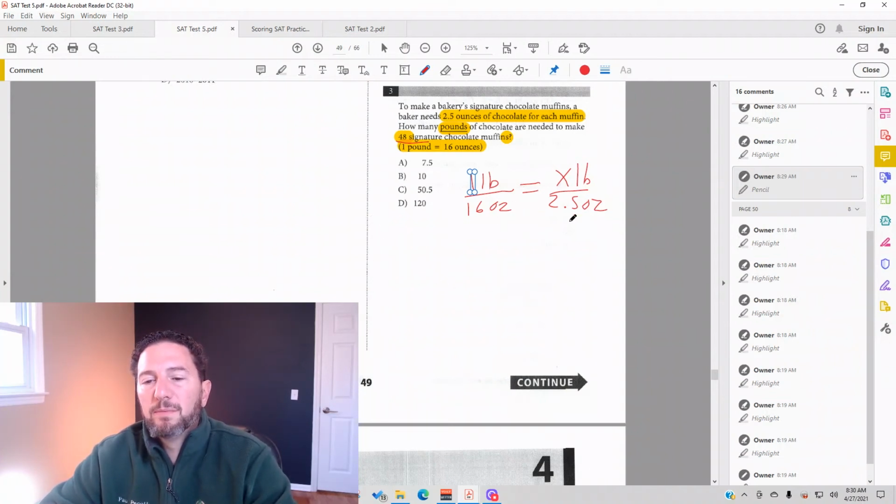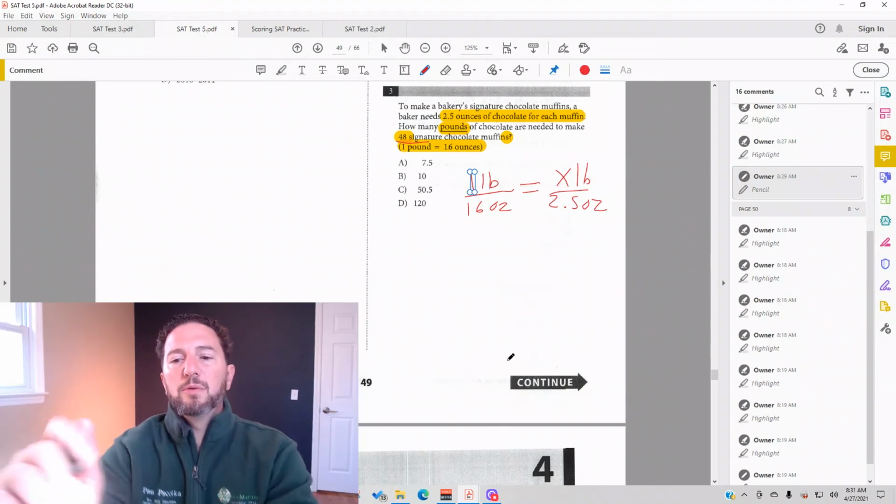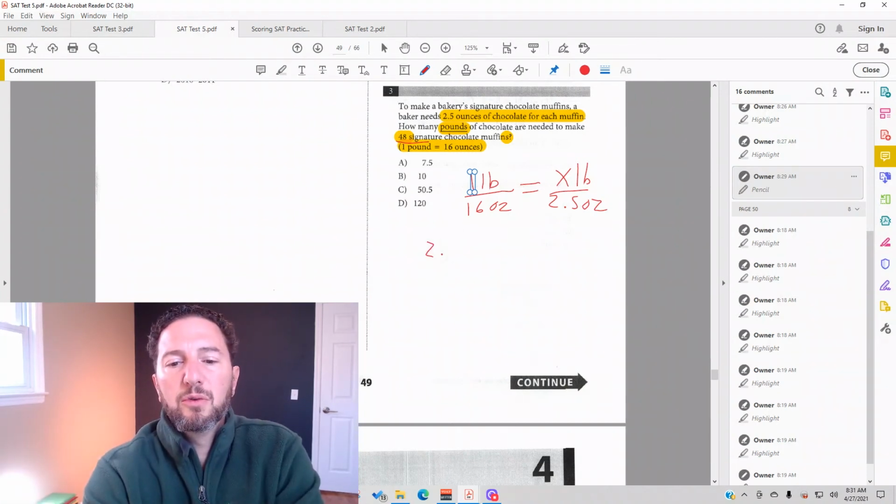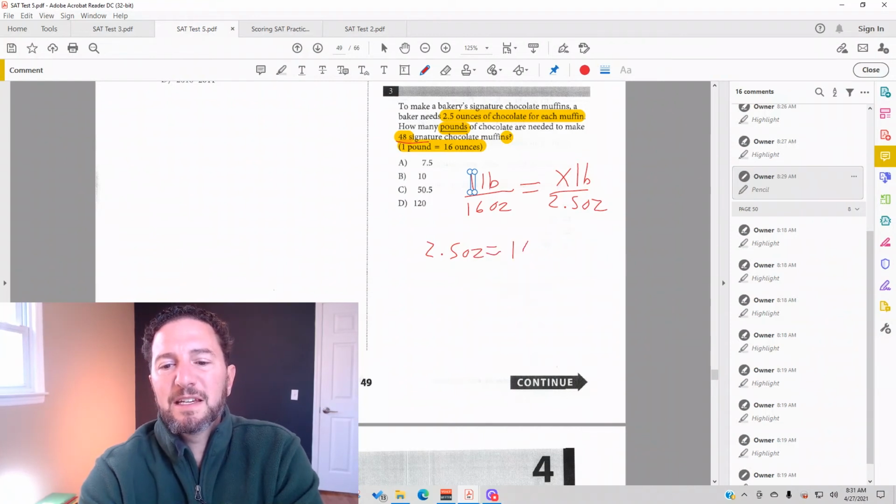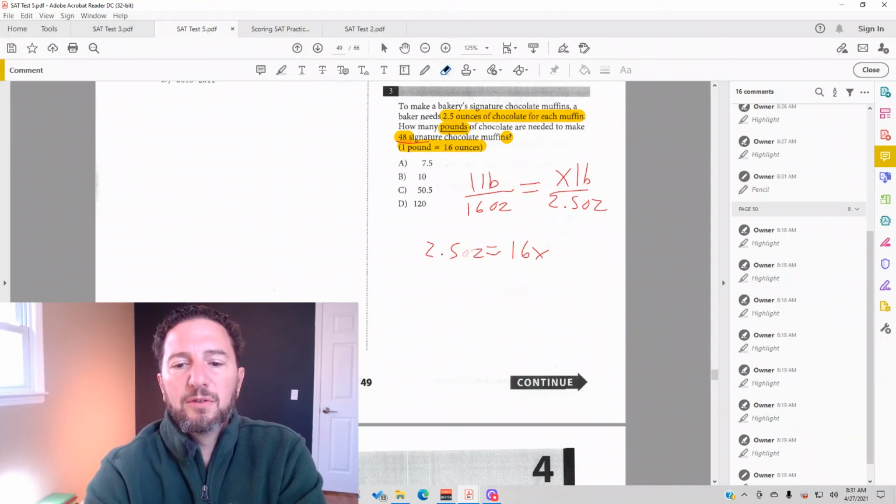Basically, you could flip these, or you could put 1 pound over x pounds equals 16 ounces over 2.5 ounces, or flip those. So regardless, when you cross multiply and set equal, what we get is 2.5 ounces equals 16x. Well, I'm going to get rid of the units because really it's ounces times pounds.